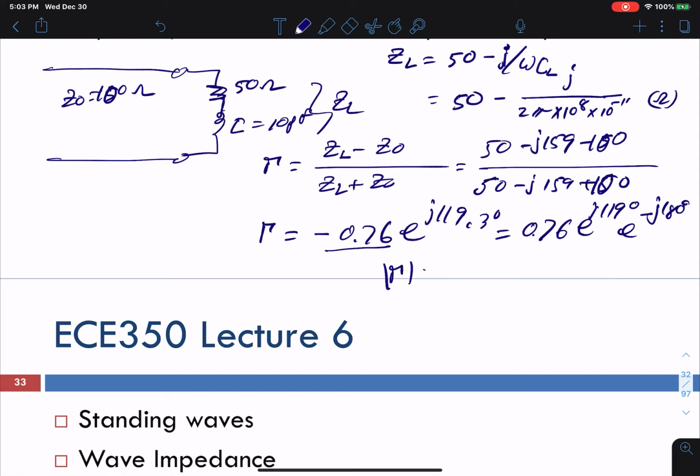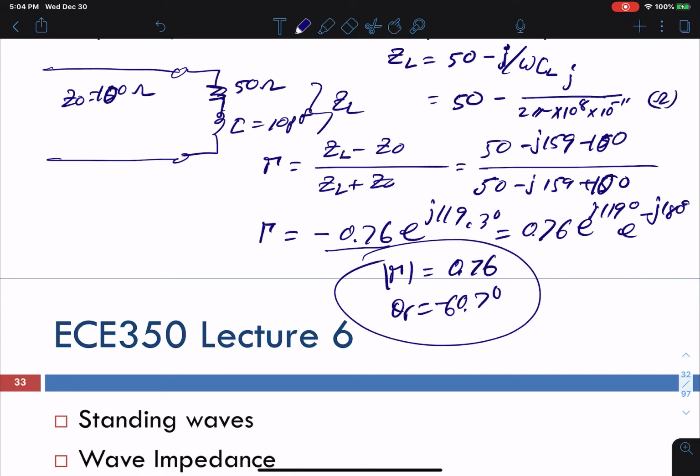If you do that, your reflection coefficient magnitude is 0.76, and your theta r, adding them together, would be negative 60.7 degrees.